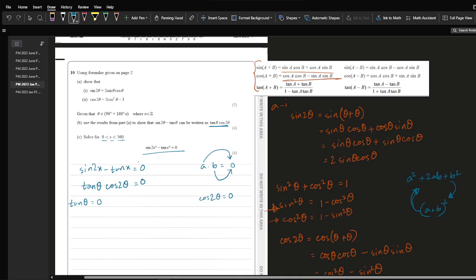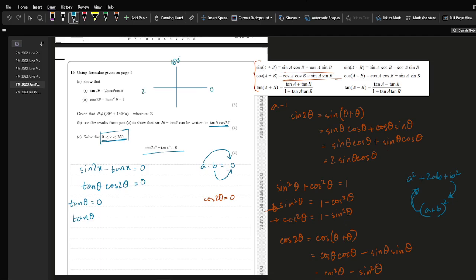Okay, let's start with tan theta. It says 0 to 360, exclusive, not inclusive of 0 and 360. That means if we have this, always draw this. So this is 0, 90, 180, 270 and 360.